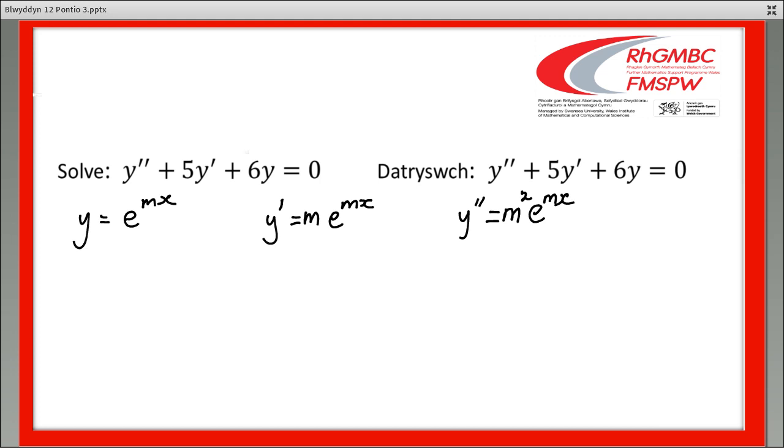So we substitute those three parts into our equation, and we will end up with m squared e to the mx plus 5m e to the mx plus 6e to the mx, and that equals 0.